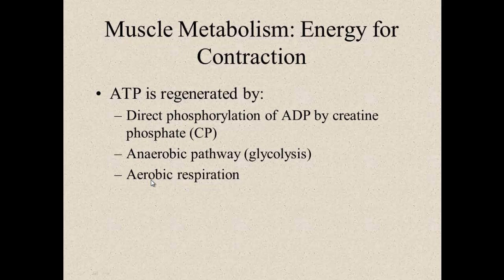And then if we continue to have muscle contraction, then we'll move into aerobic respiration, which takes longer because there's many more enzymes involved. And the benefit of that is we get a lot more ATP in aerobic respiration. But the first few minutes of exercise results from stored ATP, creatine phosphate, and then the anaerobic pathway.